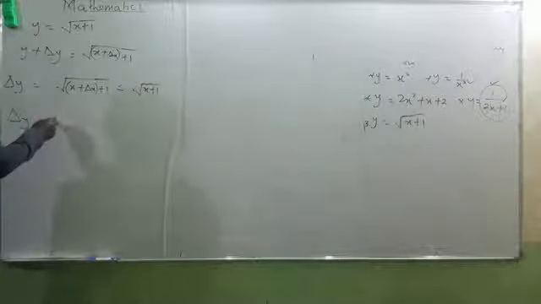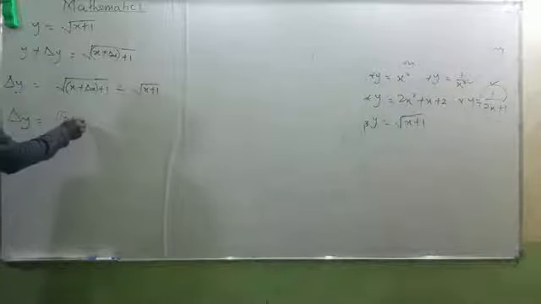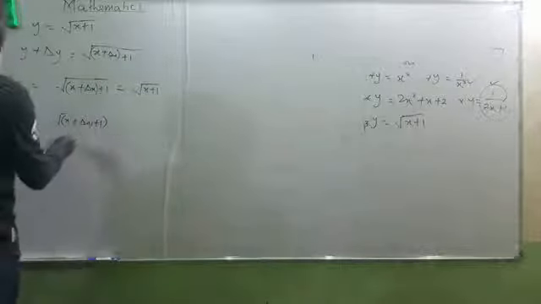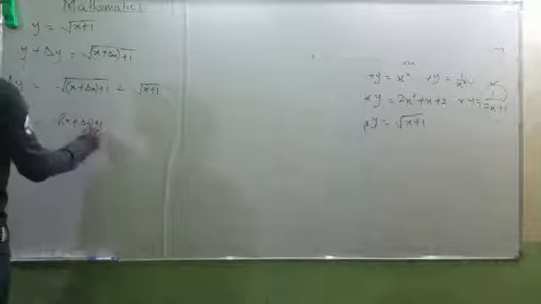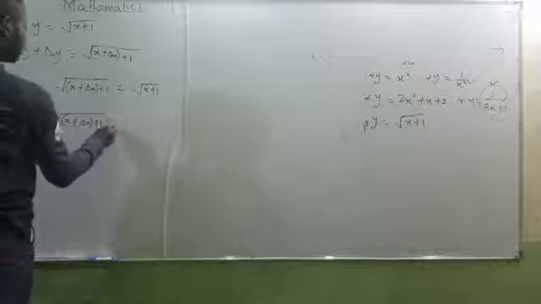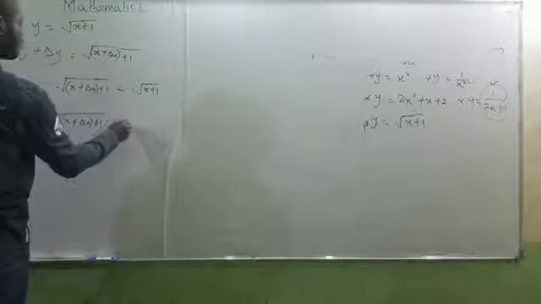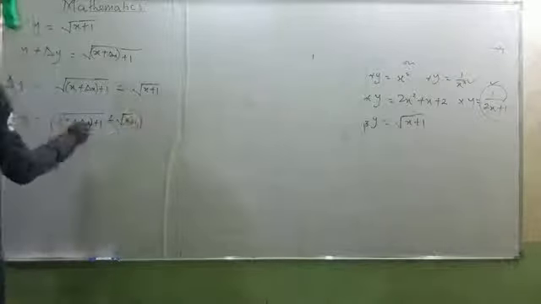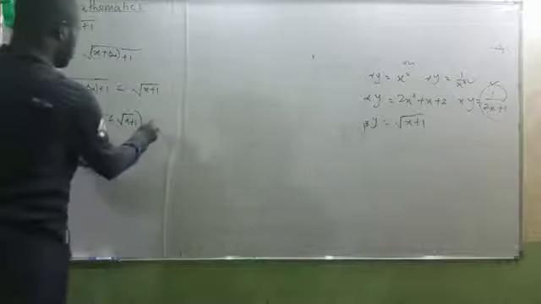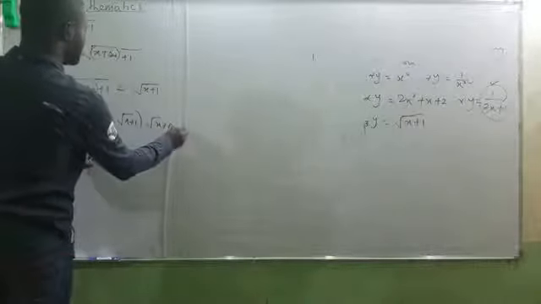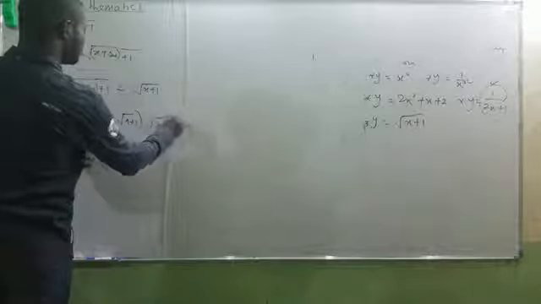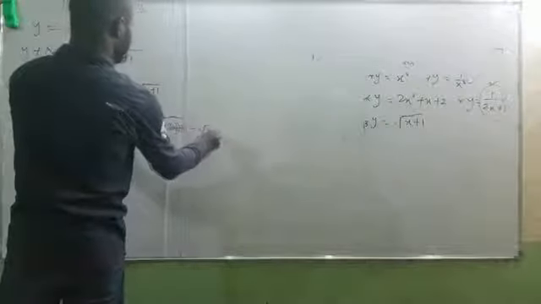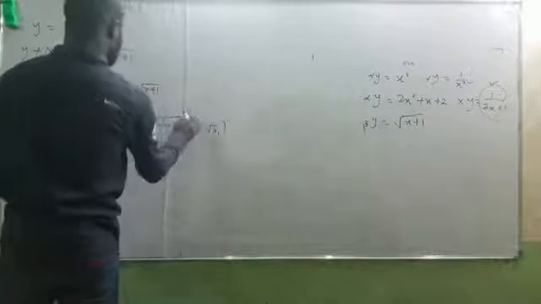If I were you, I would have delta y equals root of x plus delta x plus 1 minus root of x plus 1, all multiplied by the conjugate.